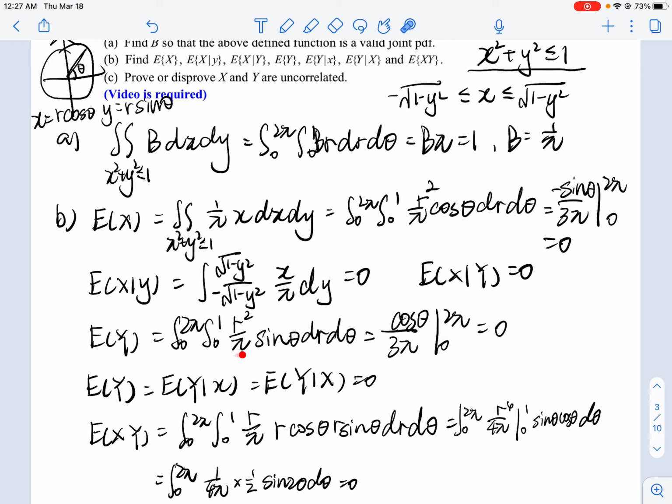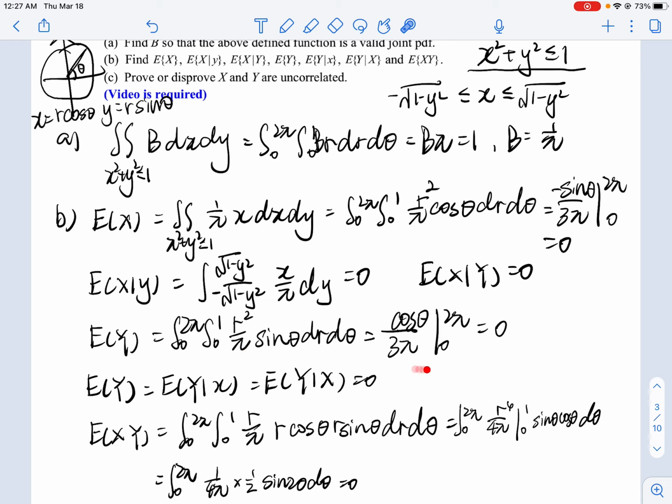It is similar for y because we can just replace x with y, and we can know that the integration is for r squared over pi and sine theta.